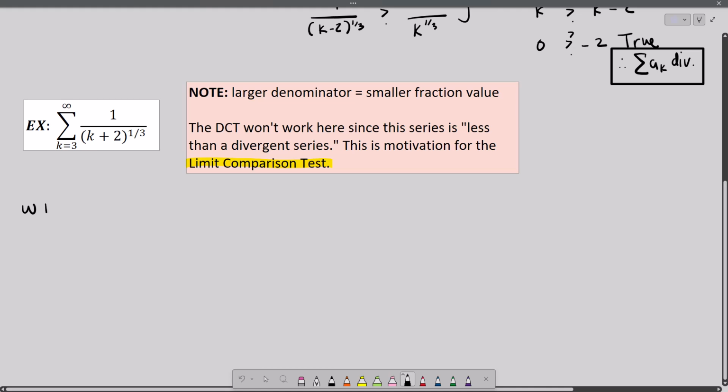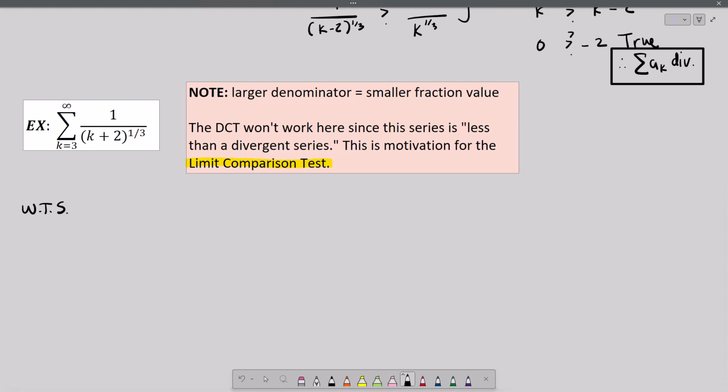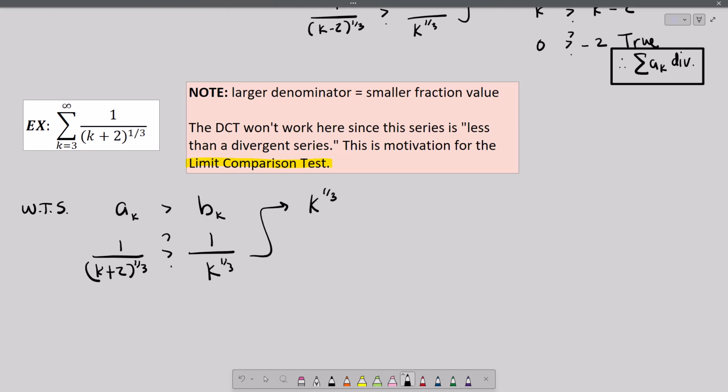So again, we want to show that a sub k is bigger than our basic series b sub k, which diverges. So the a sub k we put in here. Don't know if it's true or false. K to the 1/3. If we cross multiply, we are going to end up with that.